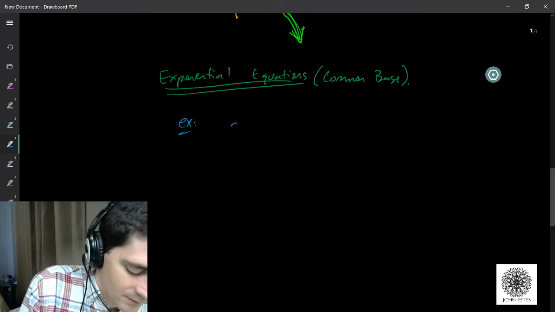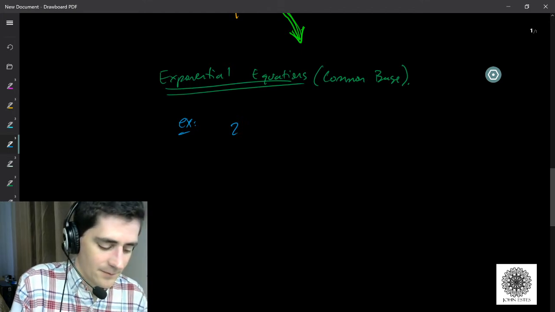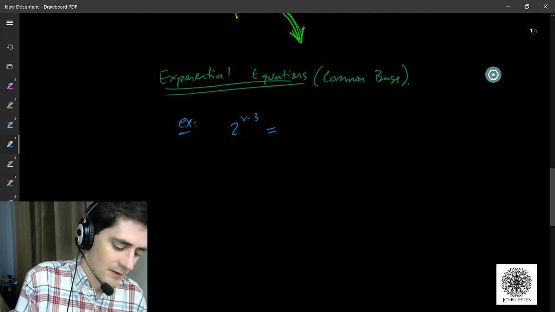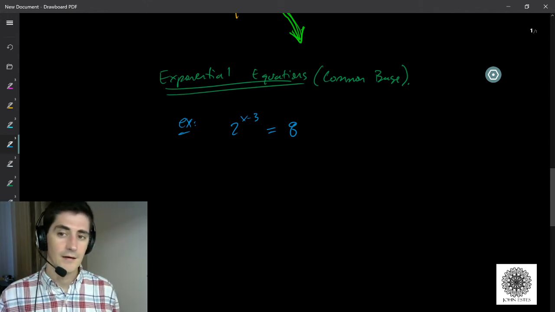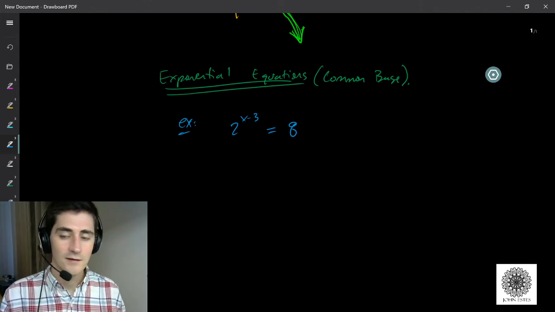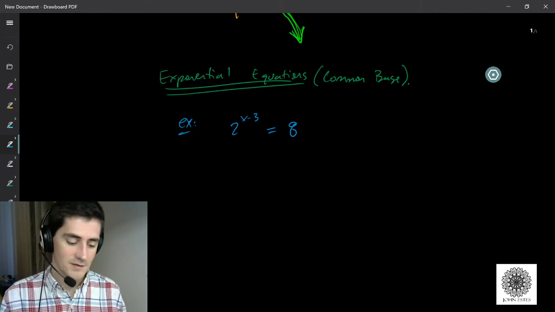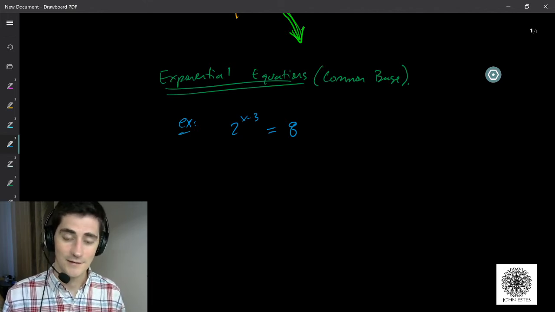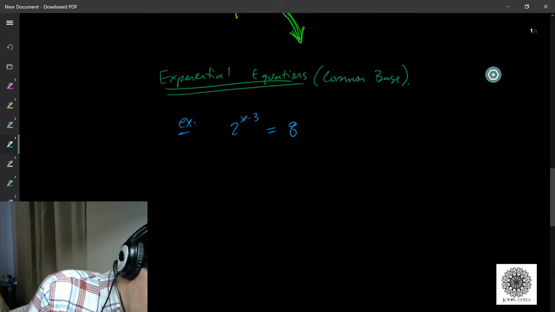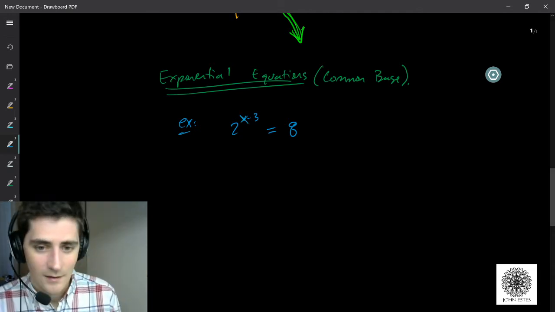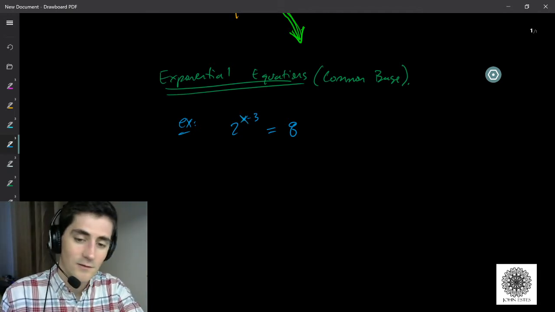If I had 2 to the x minus 3 power equals 8. All right, now I can't use my normal algebra techniques. I can't divide both sides by 2, for example. That's not going to help me solve for x. So what do I need? Well, in this case, I can do a clever trick.